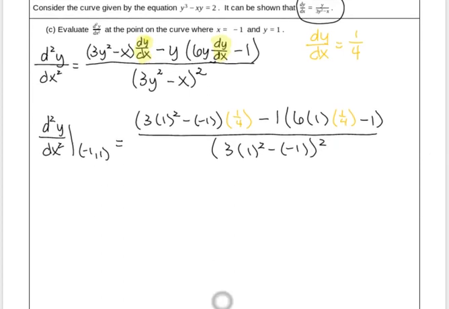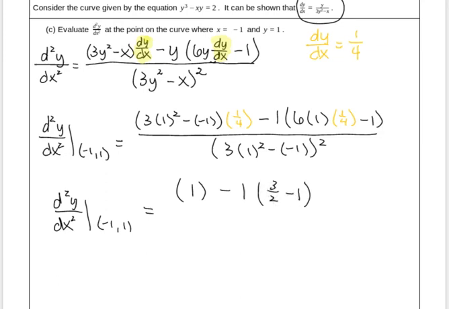And now we need to simplify that. So d2y dx squared evaluated at -1, 1 is going to be equal to, let's see, we'd have 3 plus 1 is 4 times 1/4 is going to be 1. Minus, let's see, 1 times, that would be 3 over 2 minus 1, all over 3 plus 1 is 4, so 16.